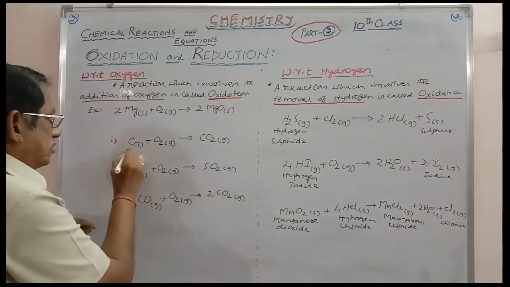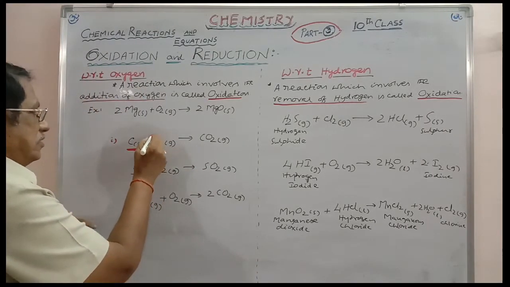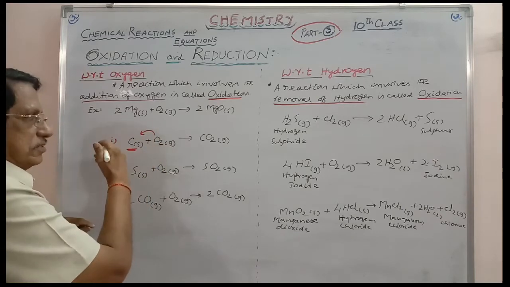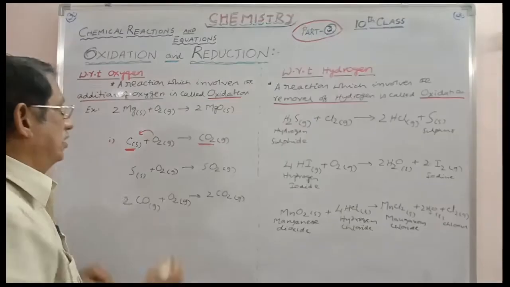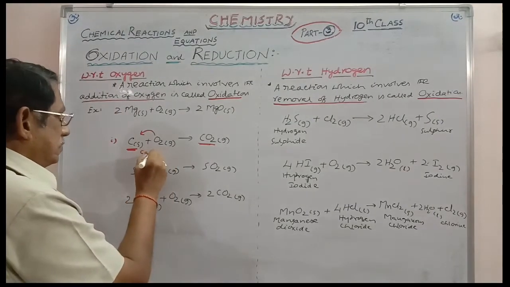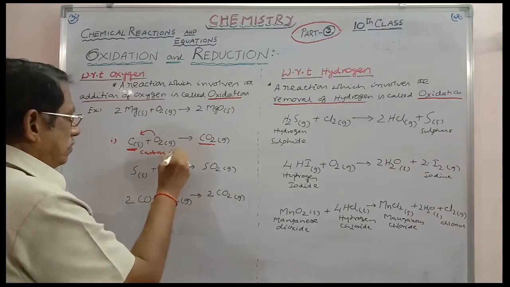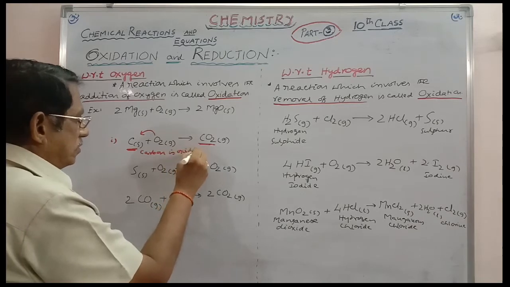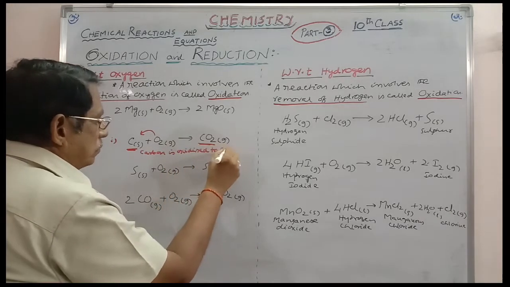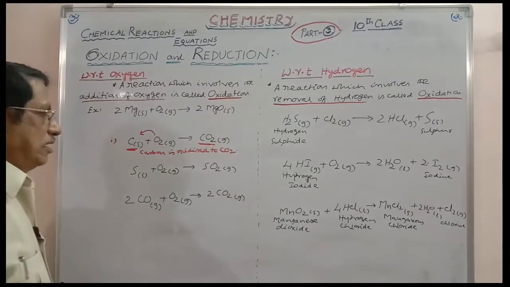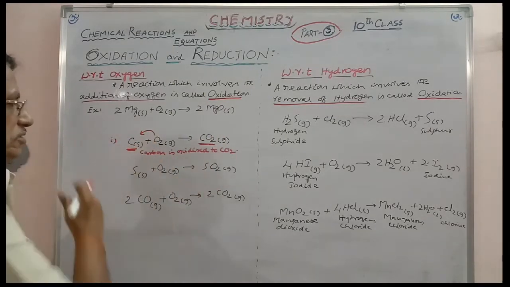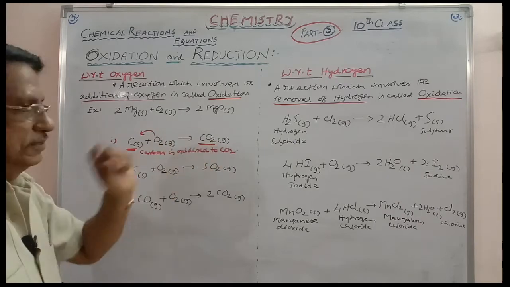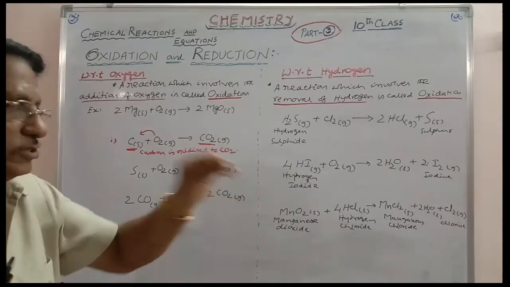Here carbon is taking oxygen and converted into carbon dioxide. What you have to say here? Carbon is oxidized to CO2, because it is taking oxygen. C is oxidized to CO2.